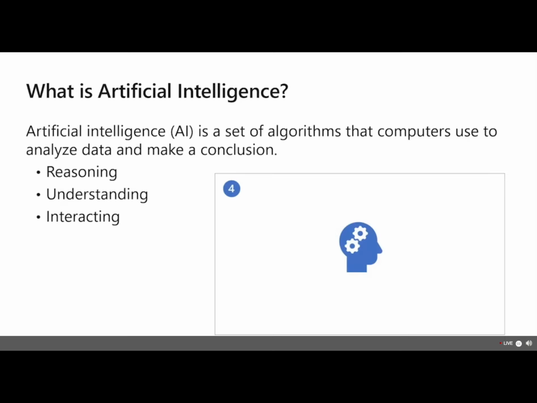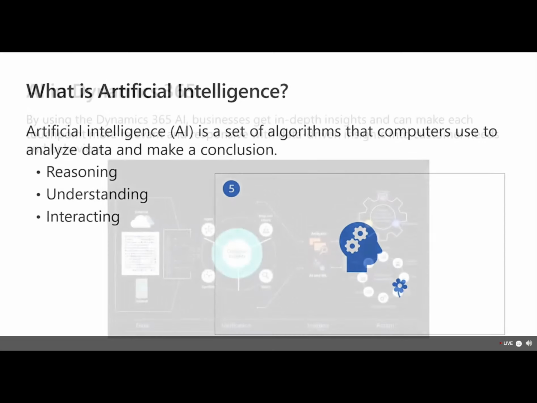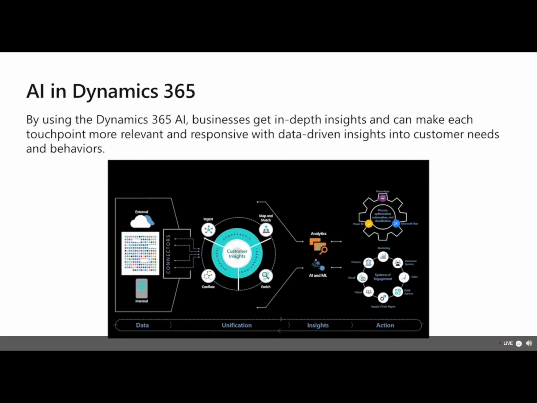So when we look at how AI can be used in Dynamics 365, we're able to take all of this data that we are collecting. Remember, we said that telemetry is being emitted from a number of different spaces all over our businesses. And we're able to take all that data, and through different connectors, we're going in and we're using those algorithms to basically create customer insights.